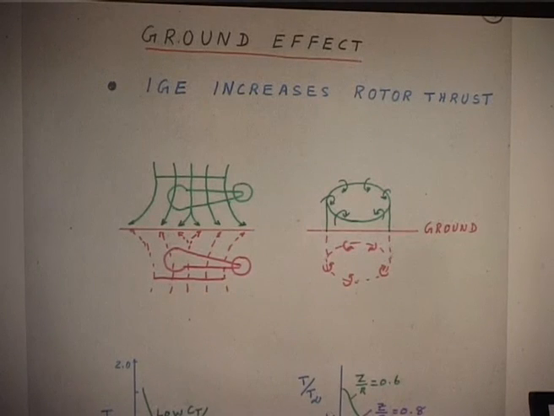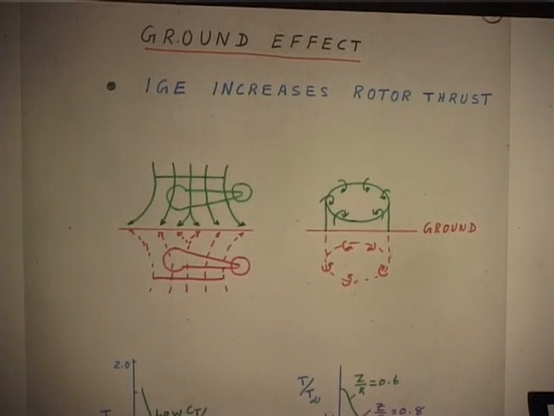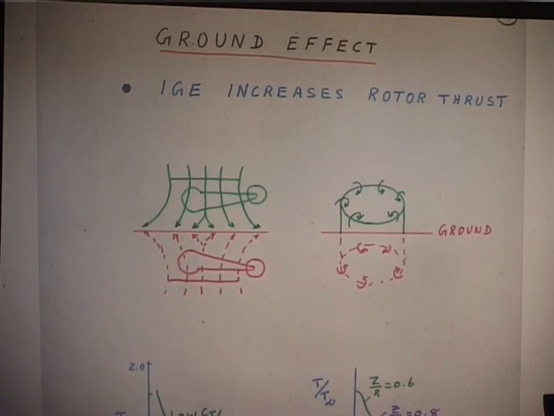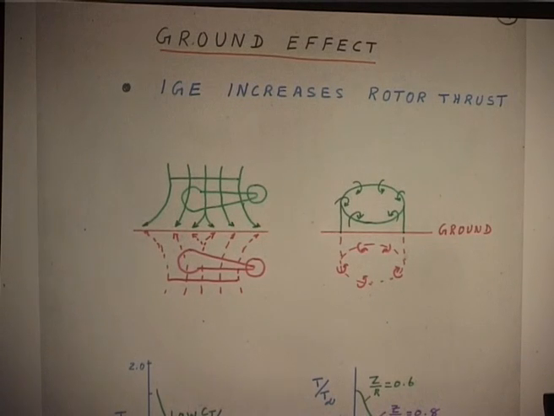So, to lift the same weight, the power required to hover near the ground is less, because your induced velocity, basically induced power, you require less, therefore the power is less. So, if you are hovering near the ground, you require less power.